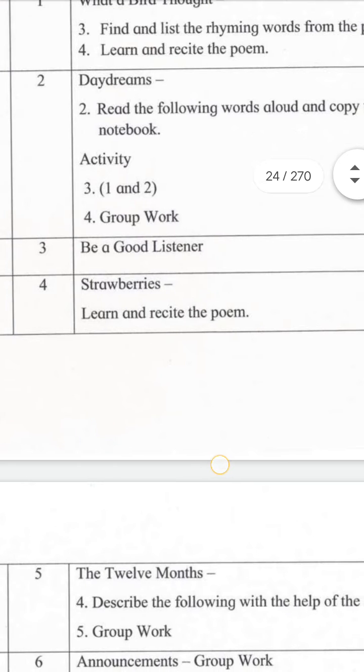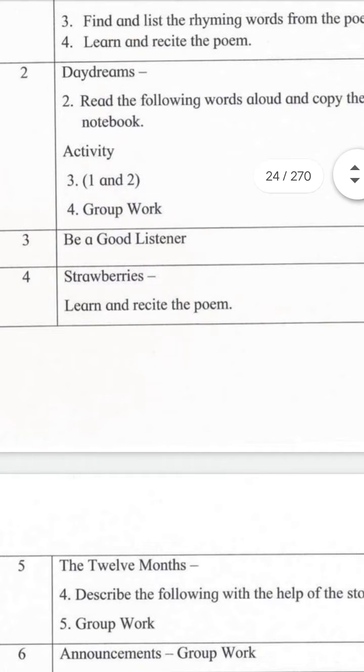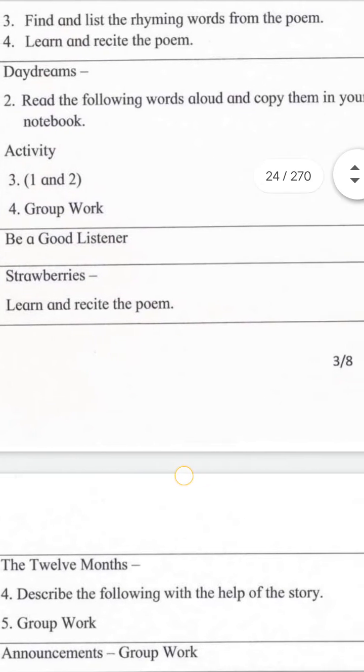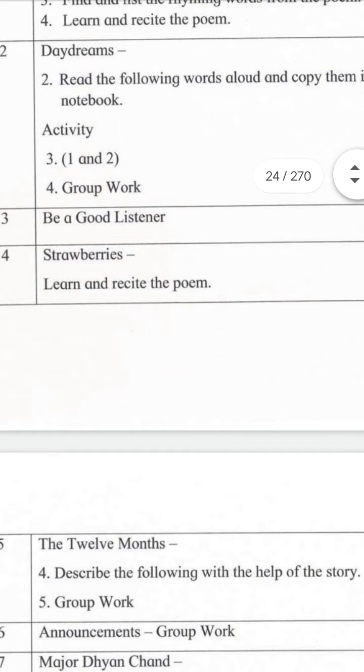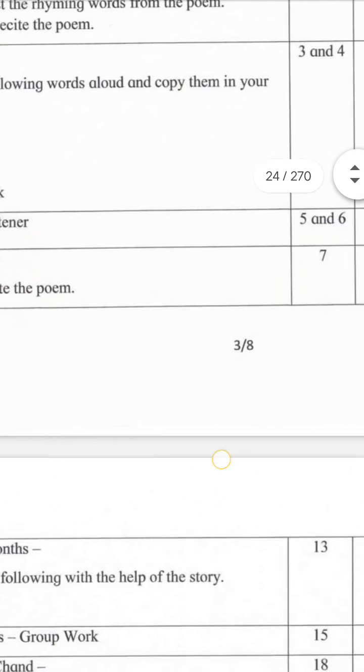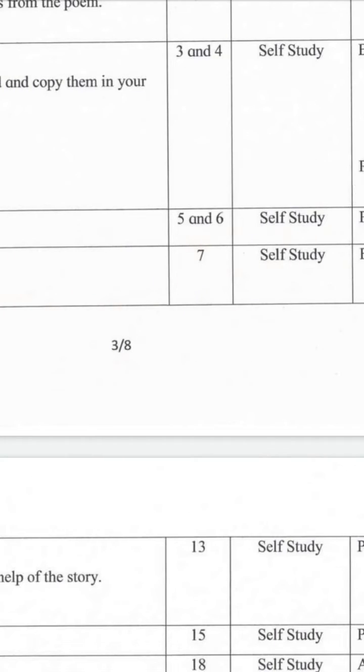Now in chapter 2, Daydreams, question number 2, read the following words aloud and copy them in your notebook. You don't need to do this. Also in question number 3, sub questions 1 and 2, and question number 4, which is a group work, you are not supposed to study that also.